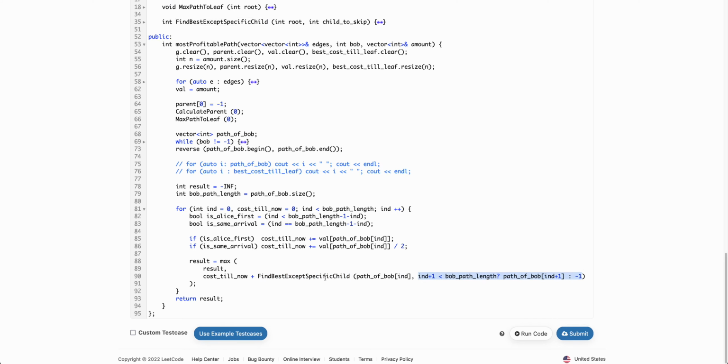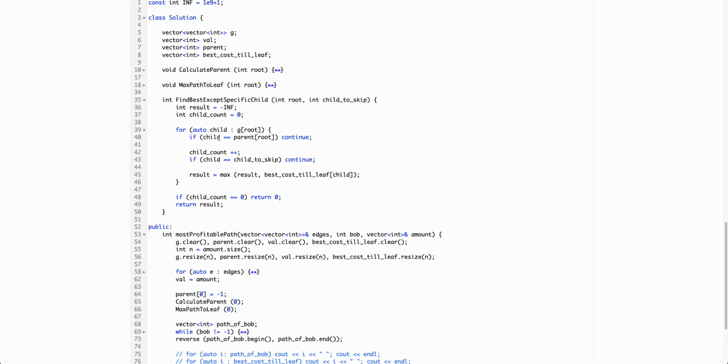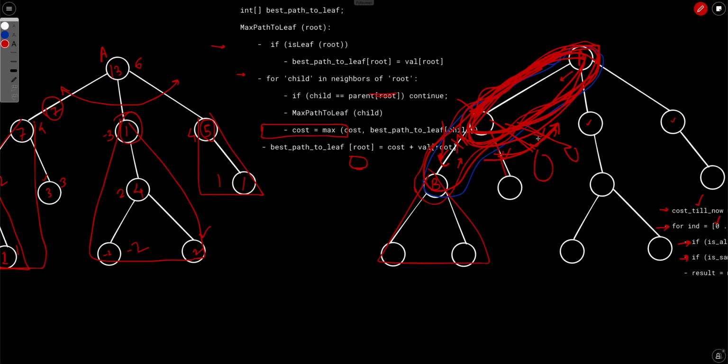And what does this find best except specific child look like? Very similar. We just skip if the child is equal to the child to skip, and take the maximum across all the other children. Now there is one thing to notice here. Let's say this was B, and you consider this particular prefix, the entire path is this, and you consider this path as common.